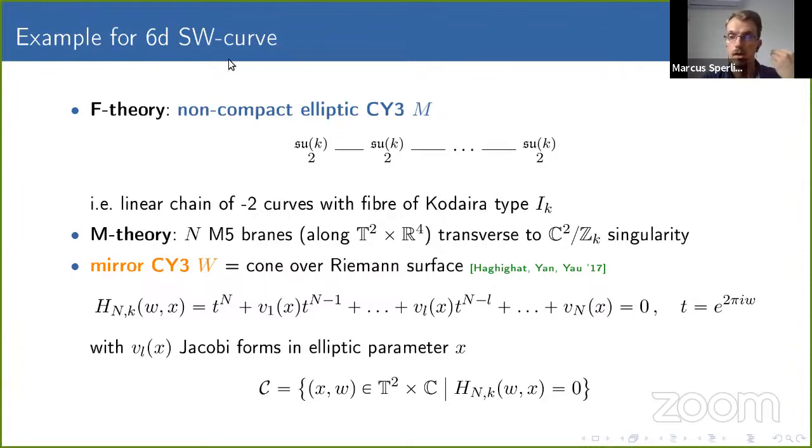We have a C star variable t, and the Seiberg-Witten curve is a polynomial of finite degree in this variable, and the remaining coefficient functions depend on the other variable, which I call x. But unlike in 4 dimensions, where they could be rational functions, here they become meromorphic Jacobi forms in an elliptic parameter, which we call x. Hence, the Seiberg-Witten curve is now a hypersurface in T2 times the complex plane, and that's precisely the 6D version of the Seiberg-Witten curve that we would like to quantize.